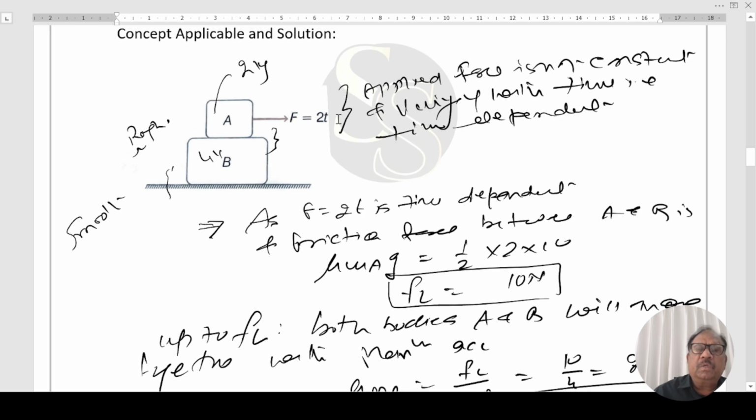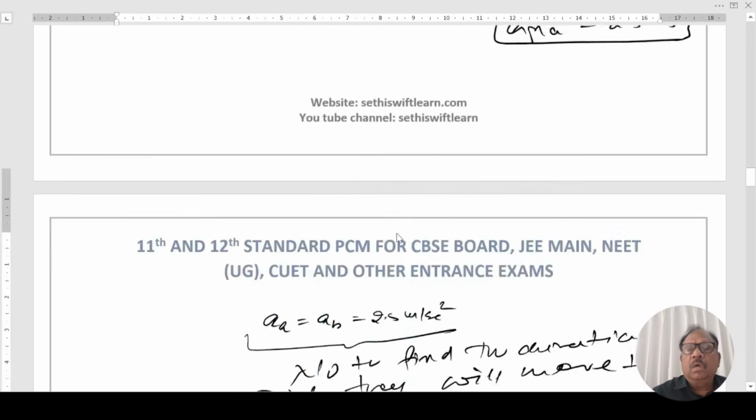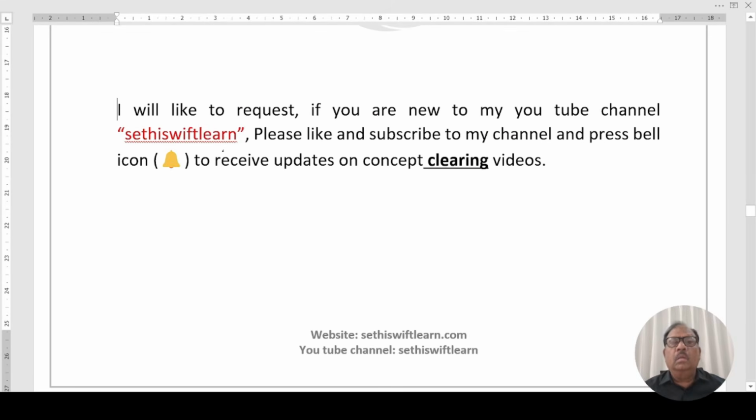Applied force is time dependent. Both bodies will move together up to F_L, that is the limiting force of friction. After that, one will move with constant acceleration and the other with a time dependent acceleration. The graph has been drawn in the figure.